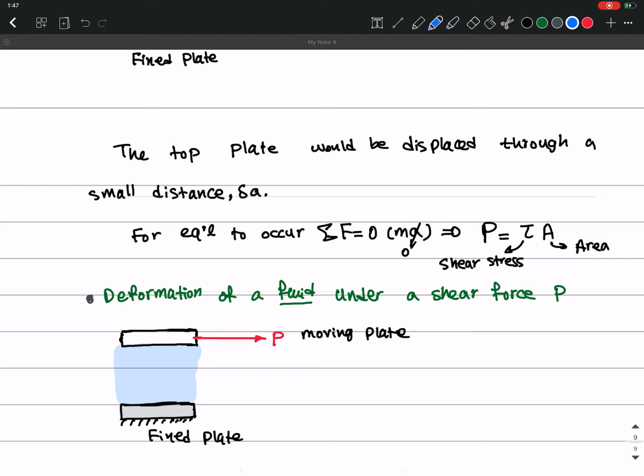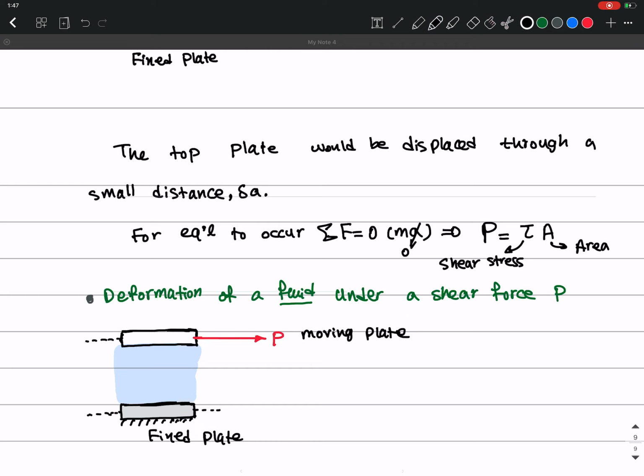These are just continuous, okay? I'm just showing a cross section here. Imagine you have fluid here, and then you exert this force. What's going to happen on the top plate? It's just going to move, right? It's not going to stop. If you exert any amount of force, it's going to move.